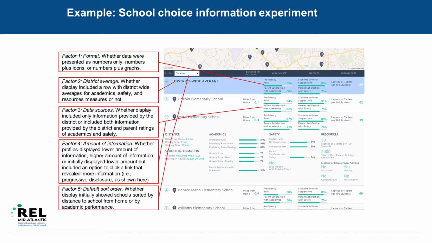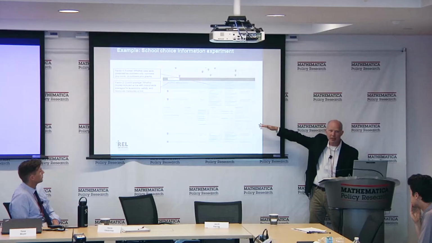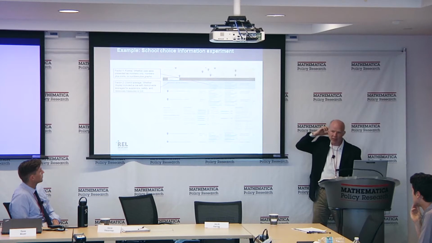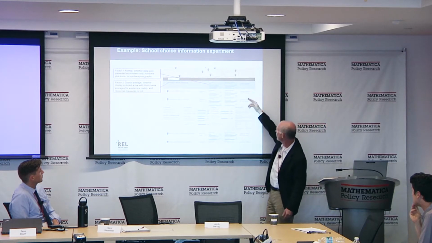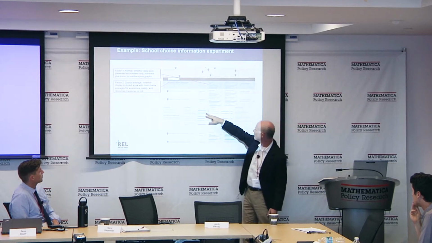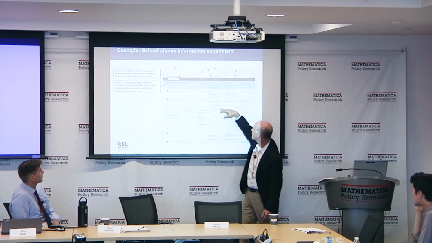And we tested the format, whether you had graphs, like this one. We also tested icons or just plain numbers. Whether you have a district average, so this top bar shows the district average. There could be some kind of anchoring effects, right, where having a district average makes you interpret the metric differently because now you have a basis of comparison.